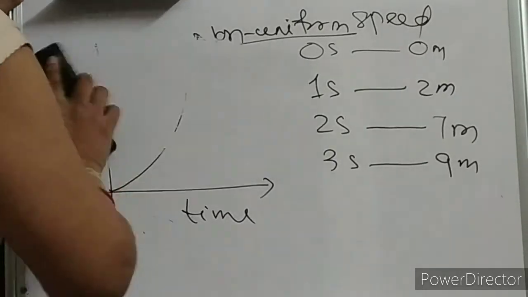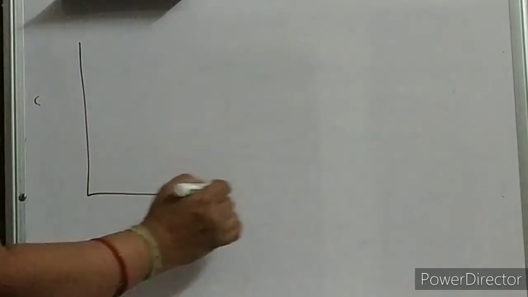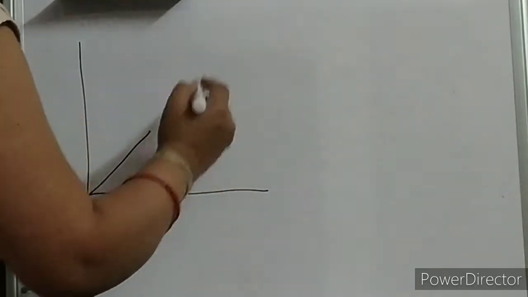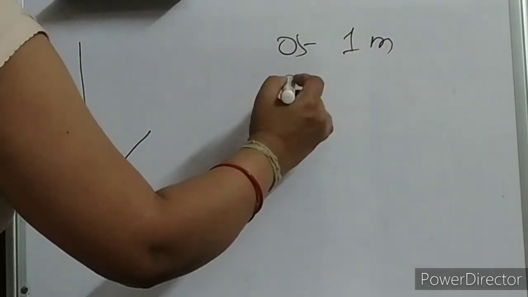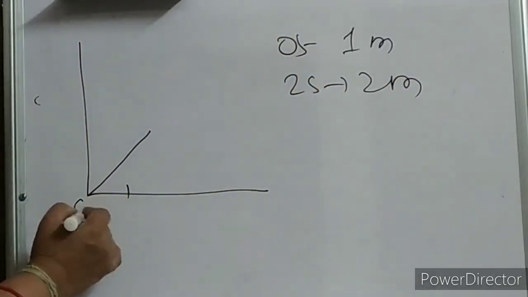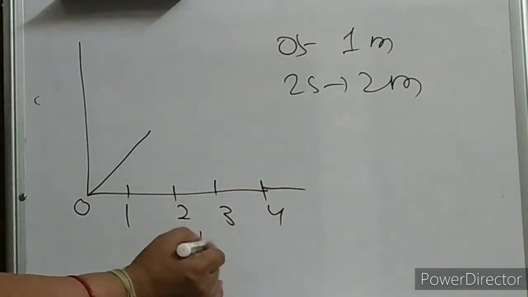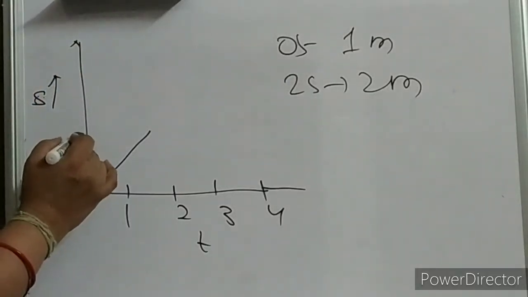Okay. Suppose we take another example. So this is the second graph of distance time. Suppose first the object is moving like this. This is your time and this is your displacement.